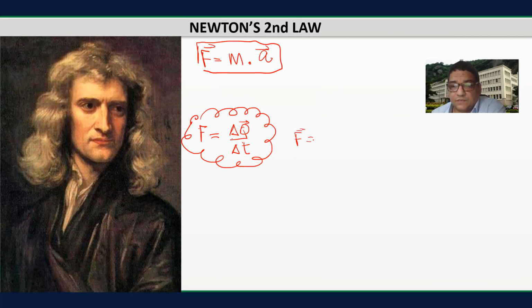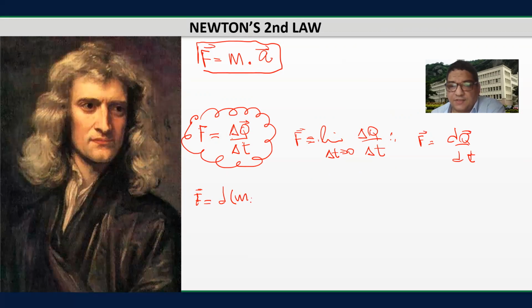So here we have F. I can say F equals the variation, okay, of the movement quantity, which is mass times velocity.